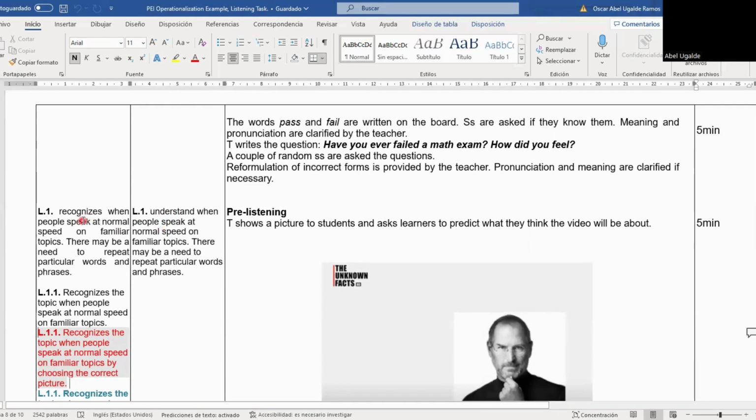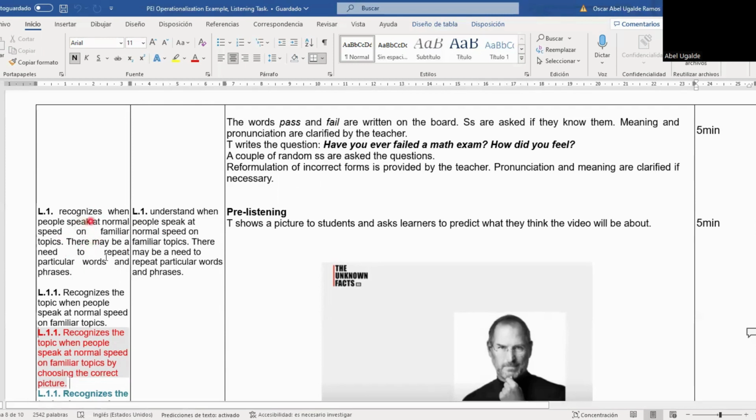Then we have the assessment strategy. If we analyze the title, assessment strategies, that's what they are. Those are the ones that provide us teachers with the strategies to assess if our students understand or don't understand, if they are developing abilities or not, if they are developing linguistic competences, communicative competencies or not.